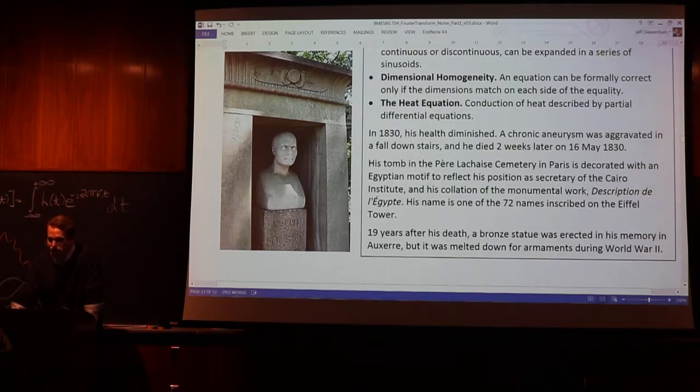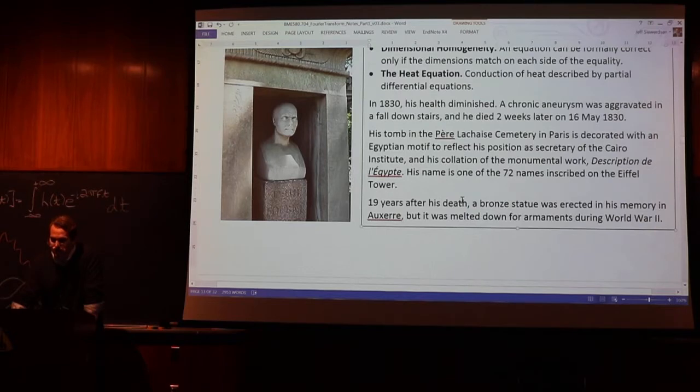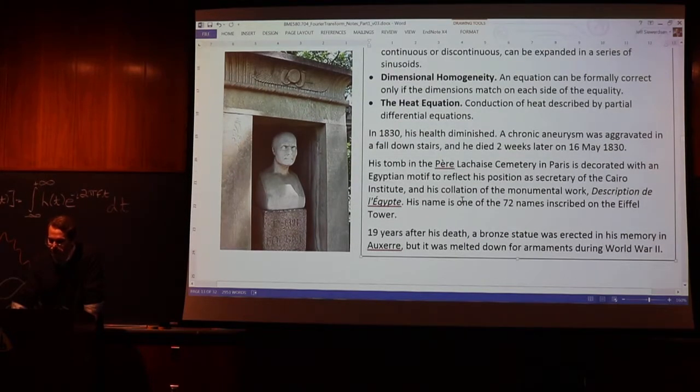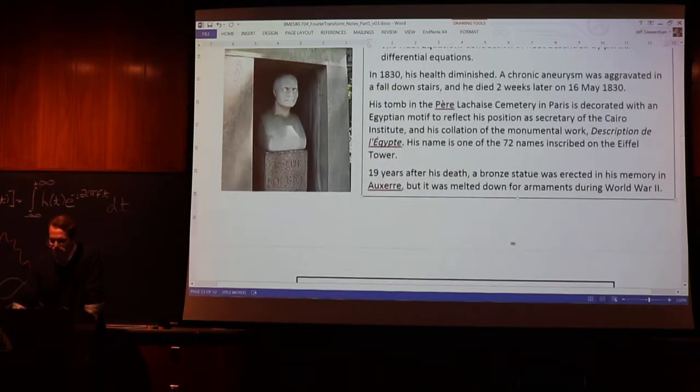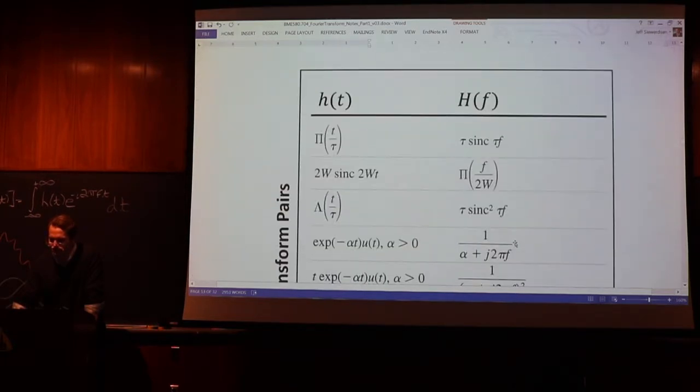Another of his great works is a monumental piece of work called The Description of Egypt. And he's one of only 72 names of great French heroes on the Eiffel Tower. There was a bronze statue erected in his hometown, but it was melted down for armaments during World War II, so the statue was lost or converted to bullets or something, casings.